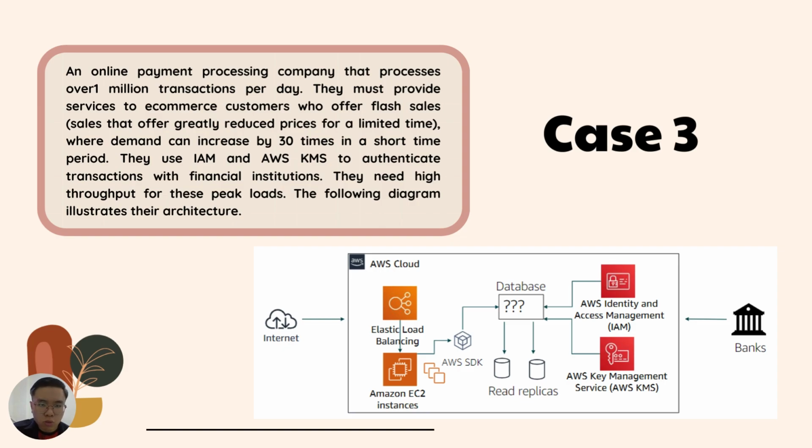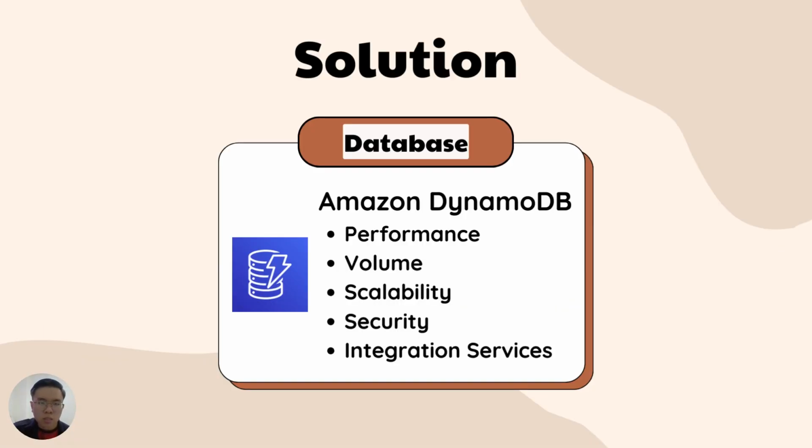So for the solution, I decided to apply Amazon DynamoDB because of the features I mentioned just now. This is a fully managed NoSQL database, so its performance is very optimized, and it can also handle large volumes based on demand and very heavy workloads.